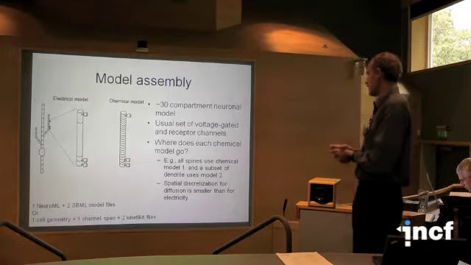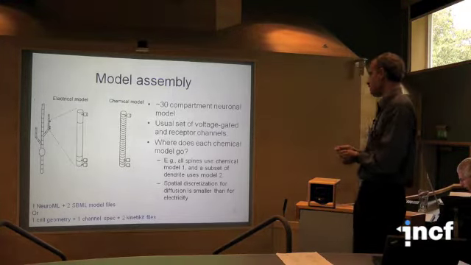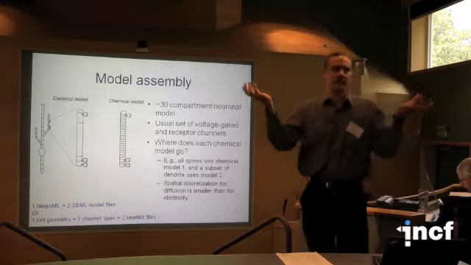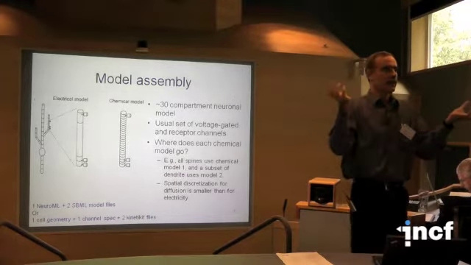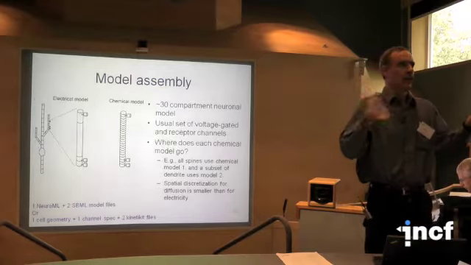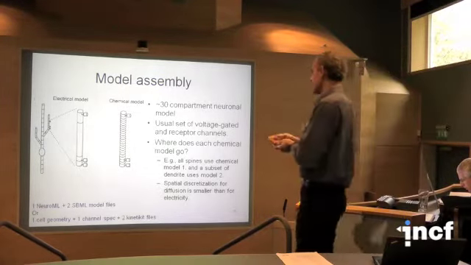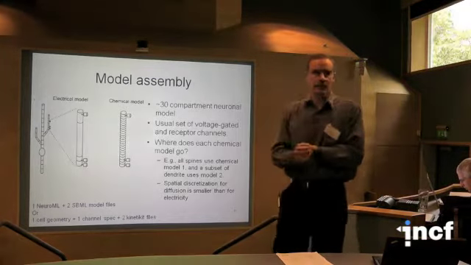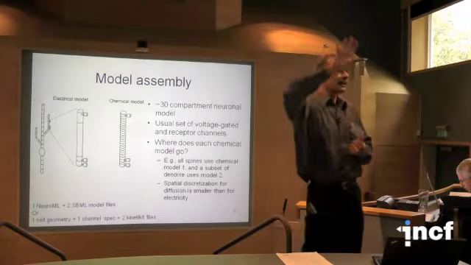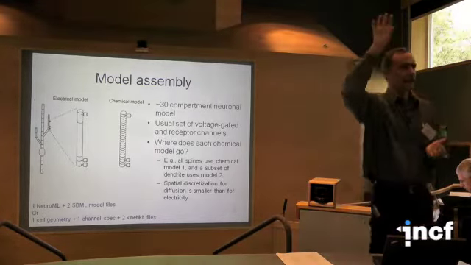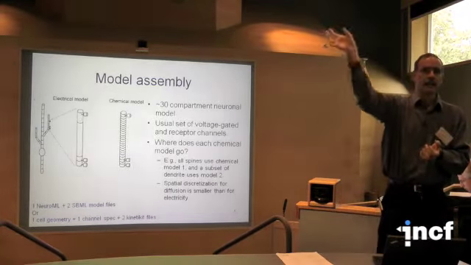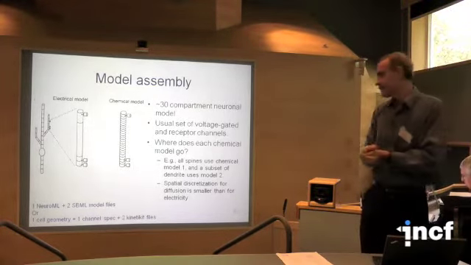Here are some typical things, the usual set of channels and so on. The first thing when you assemble this is you need to have an idea of where the signaling pathways of your interest go. So for example, in this particular case, we had one kind of signaling pathway driven by calcium in the spines and another kind of signaling pathway in the dendrites.